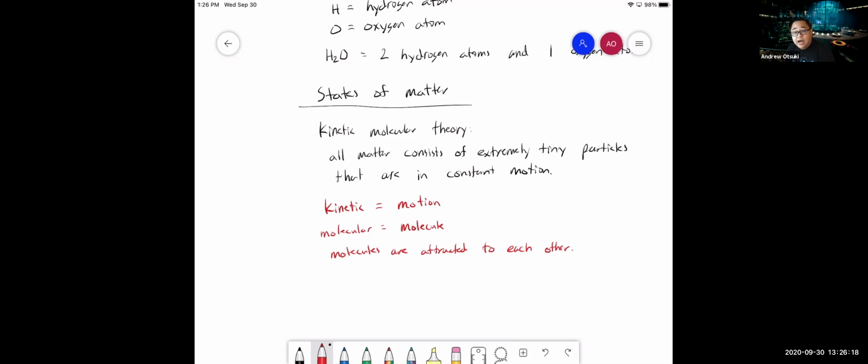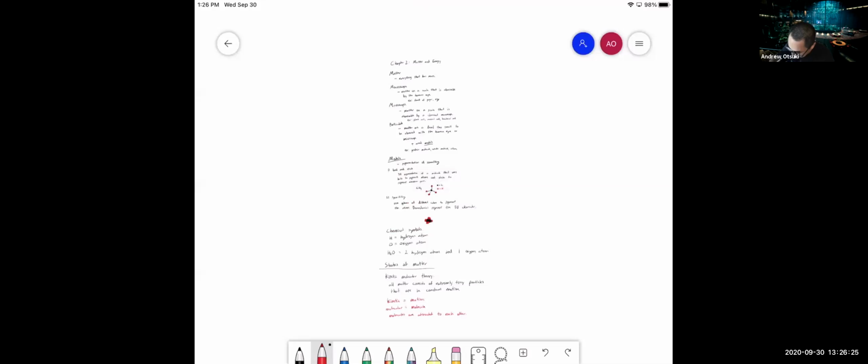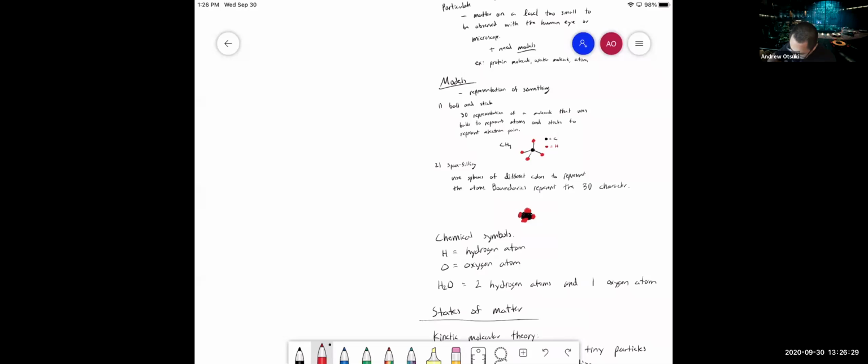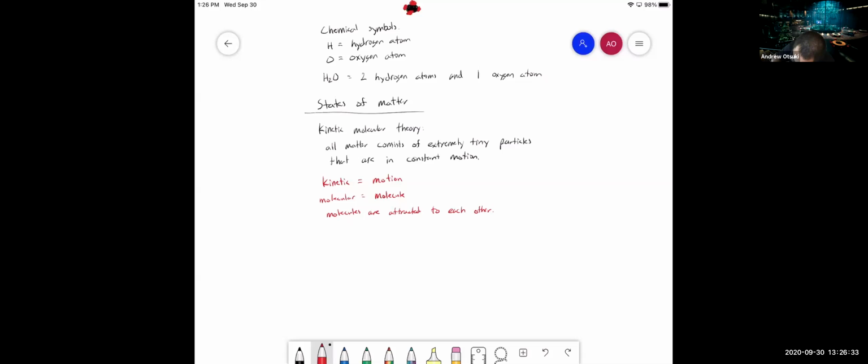And at higher temperatures, the thing about the attraction is that the speed of the particles is faster at higher temperatures and slower at lower temperatures.